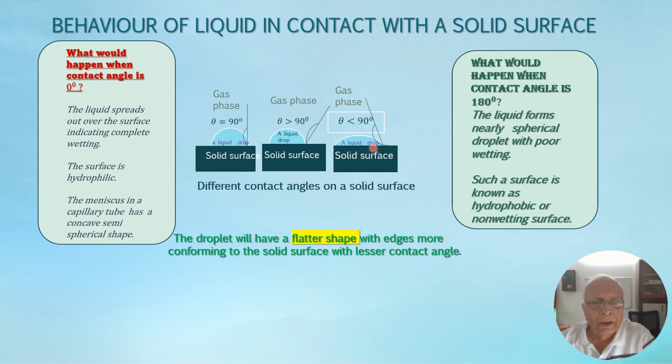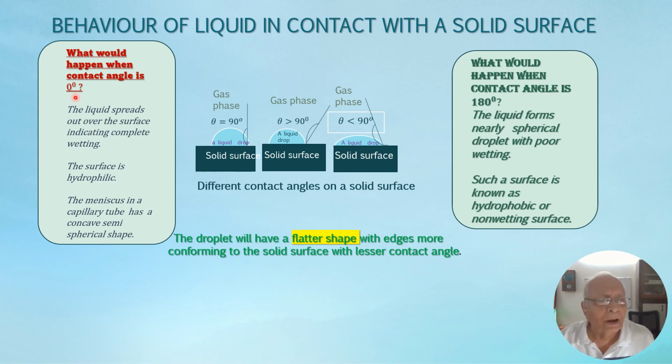Here you find that the liquid is spread well over the solid surface. Whereas with an obtuse angle, if the contact angle is greater than 90, the solid surface is not wetted, or there is a poor wetting. And when it is 90, we find that the liquid drop is just touching the solid surface.